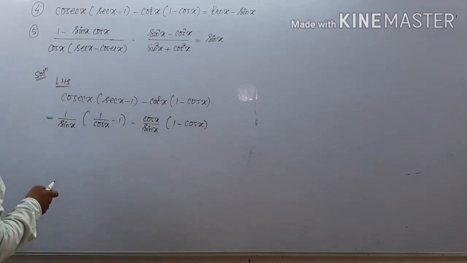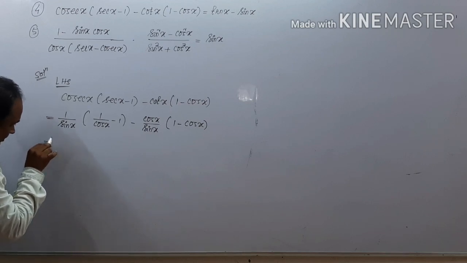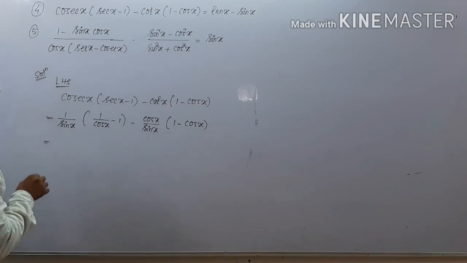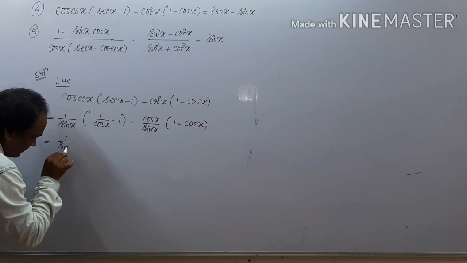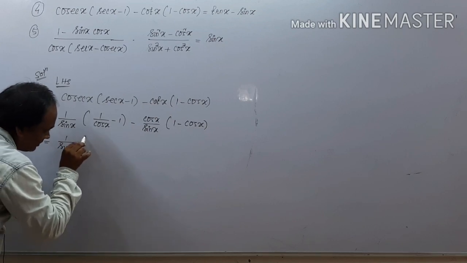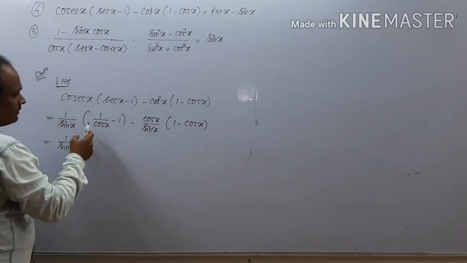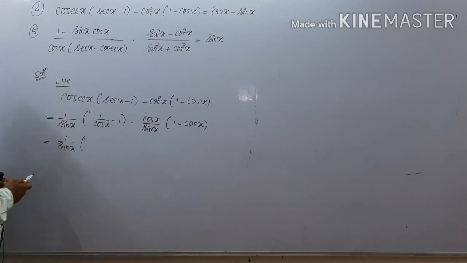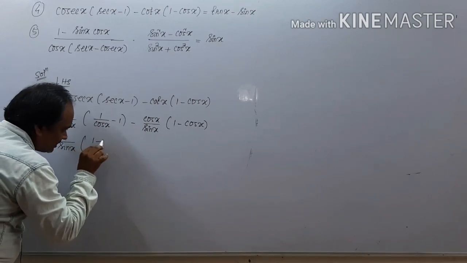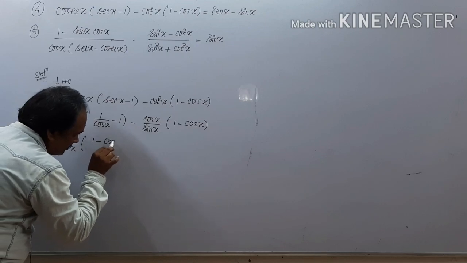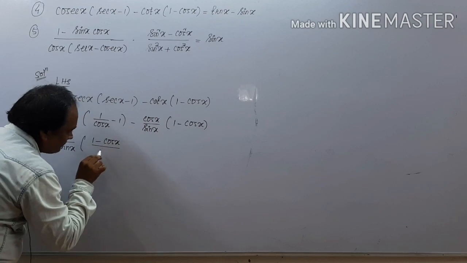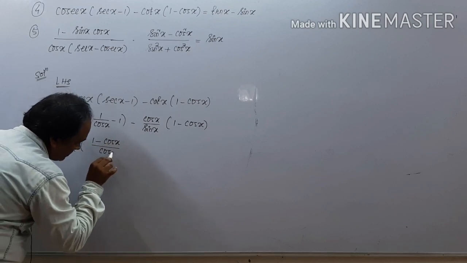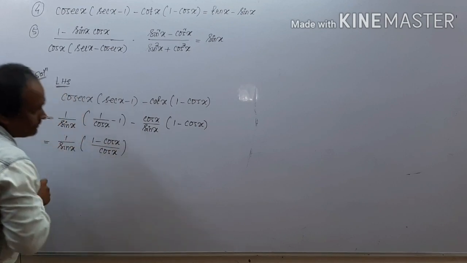So this is equal to 1 by sin x multiplied by, if we take LCM, cos x, and the expression will be (1 minus cos x) divided by cos x only.